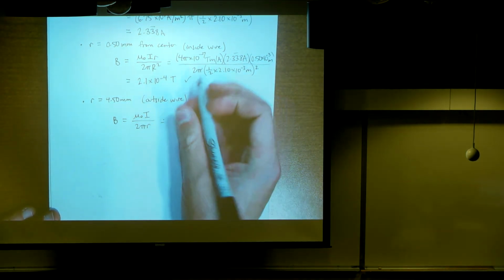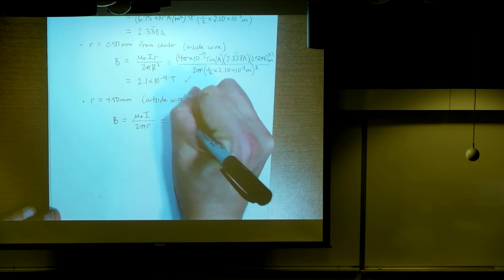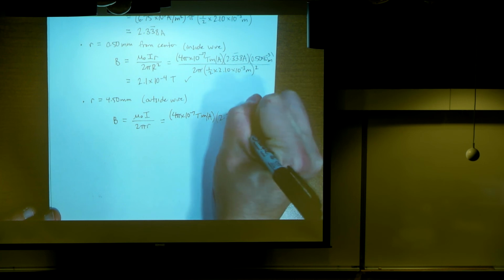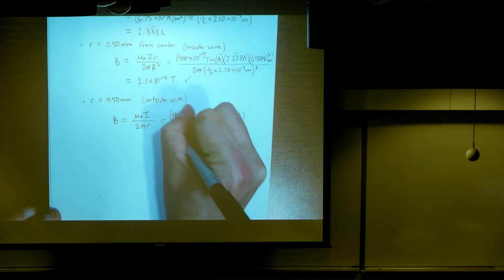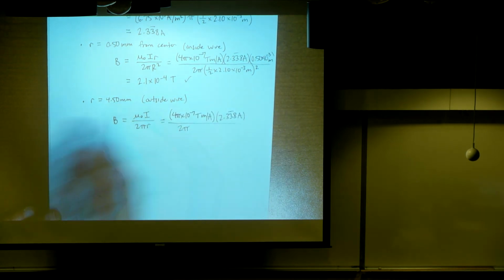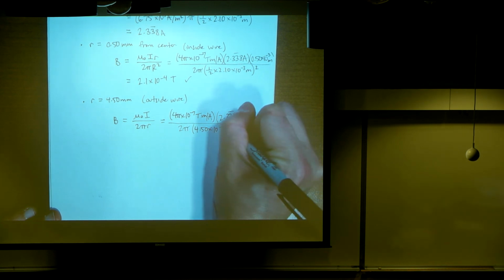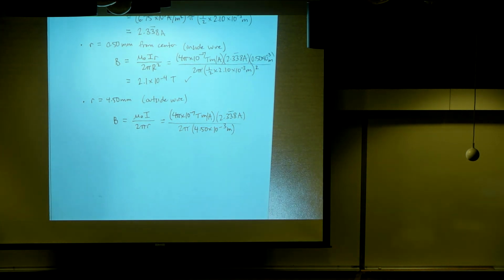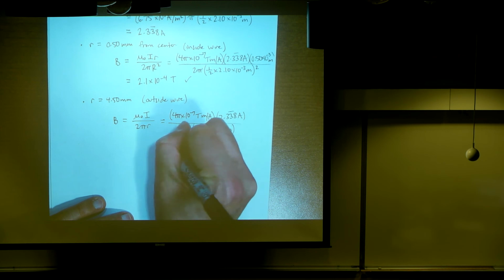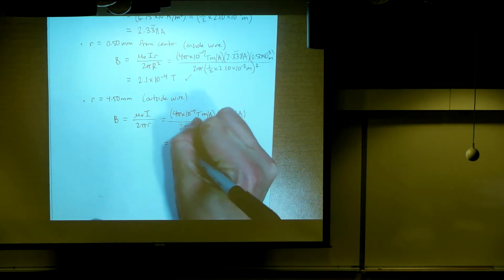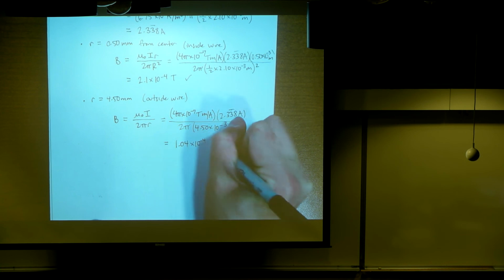So we put the numbers in, and we have 4 pi times 10 to the minus 7 Tesla meters per amp times the current, 2.338, divided by 2 pi times this distance, which is 4.5 times 10 to the minus 3 meters. What do we get for this? 1.04 times 10 to the minus 4 Tesla.